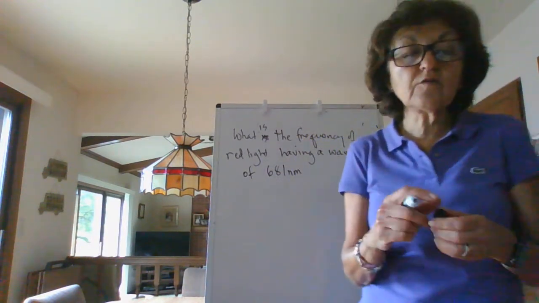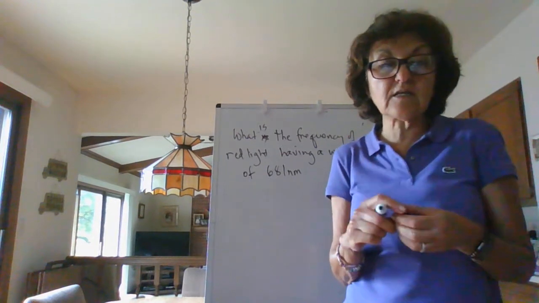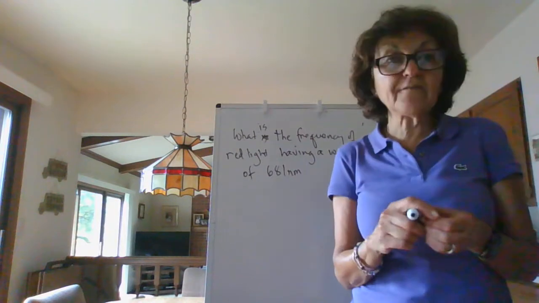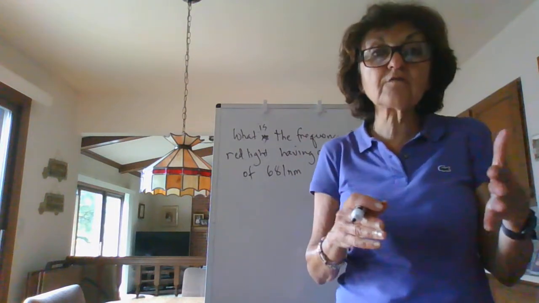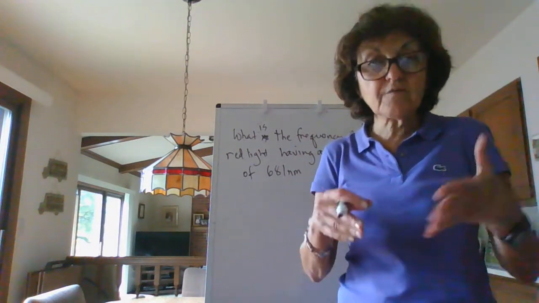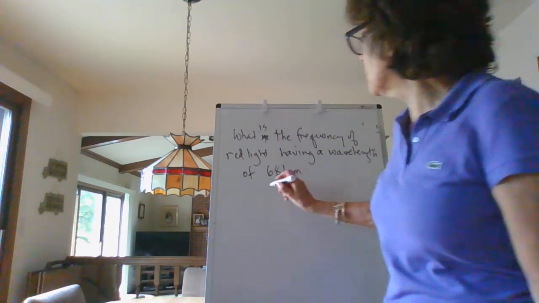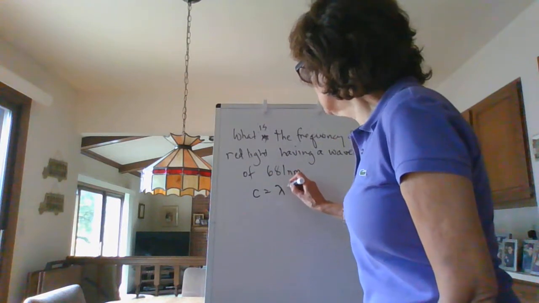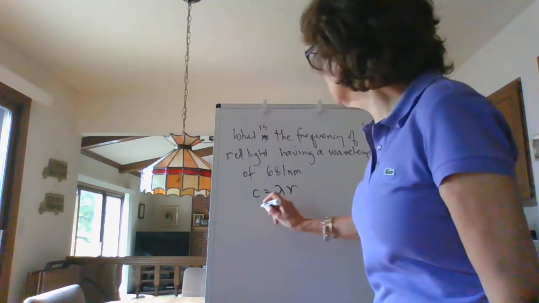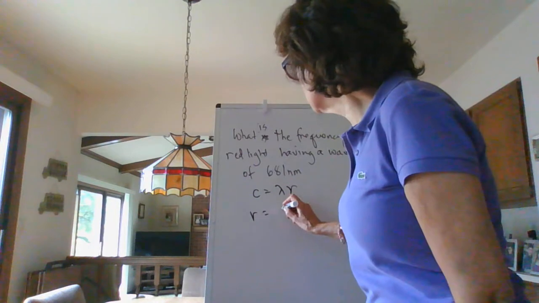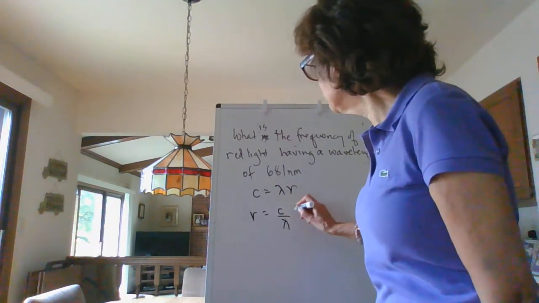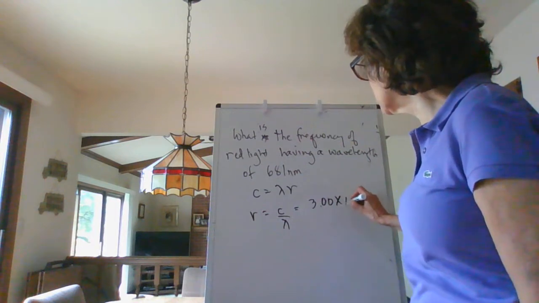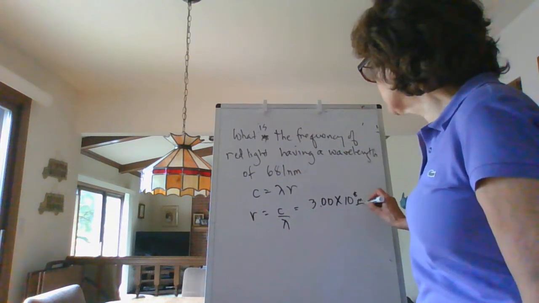If we're going to use that equation that says c is equal to lambda nu, we have to make sure that the wavelength is in meters. So you're going to have to convert your nanometers to meters before you plug it in. So c is equal to lambda nu, and we're looking for nu, so nu is equal to c over lambda. c is 3.00 times 10 to the 8th meters per second.